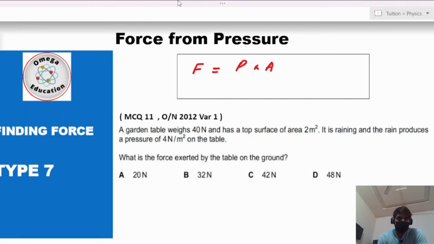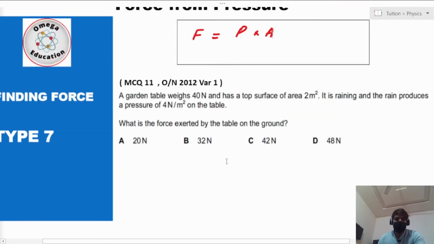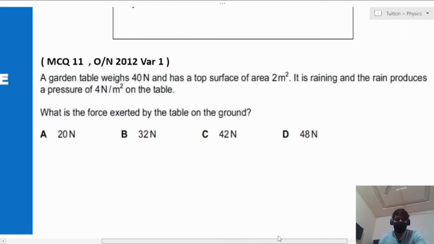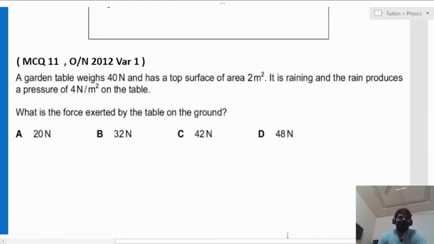Now let us point out the data. Let us highlight the data from the question itself. The weight of the garden table is 40 Newton. Okay, now this is something that we might need to consider.